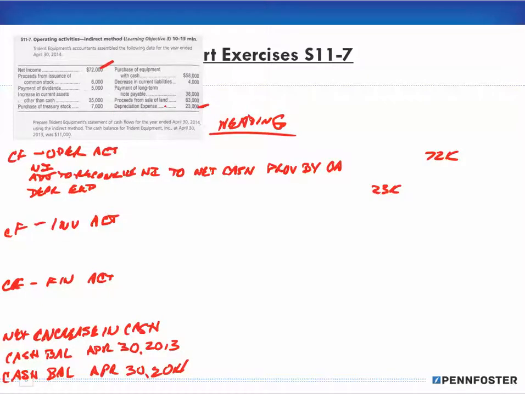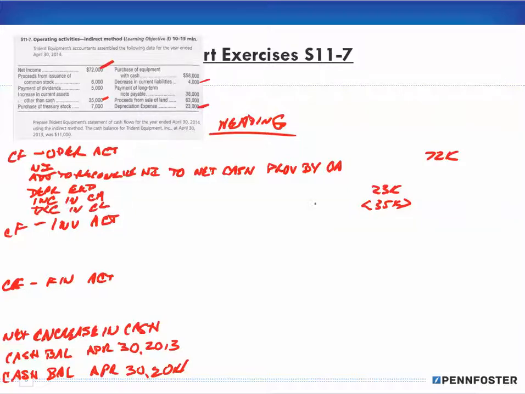Then we also have to look at the increase in current assets other than cash. Since that's an increase, we're going to subtract out the 35,000. The reason why is we increased the current assets. That means we paid out cash in order to buy those current assets. And then on the opposite side of the coin, we have a decrease in our current liabilities.